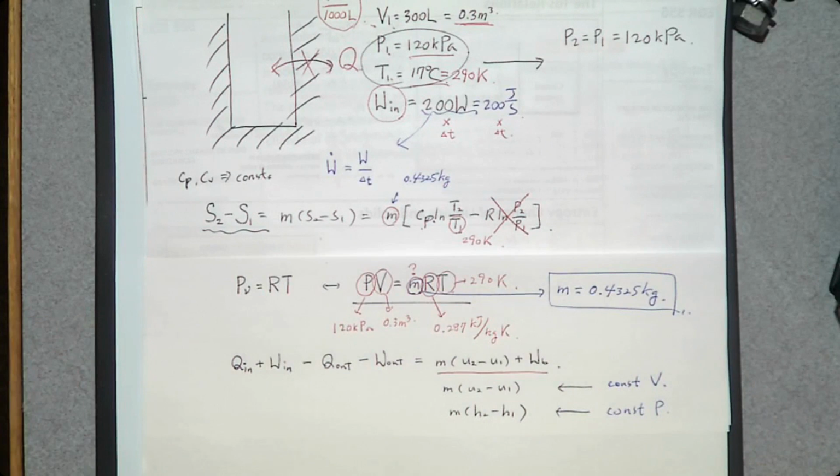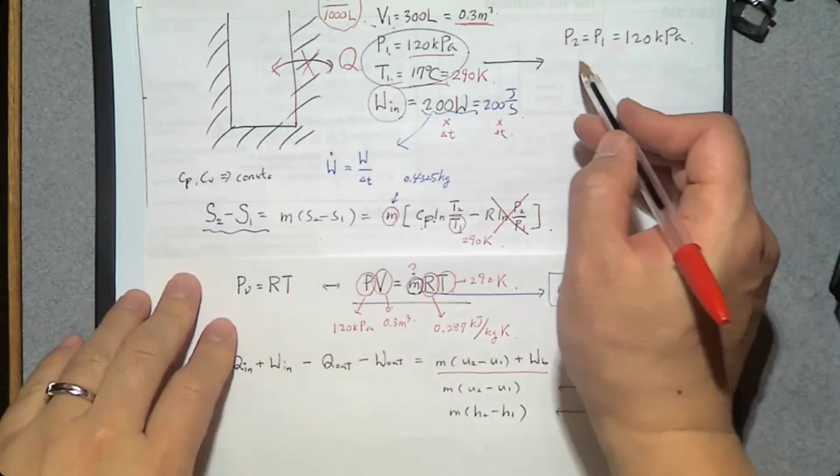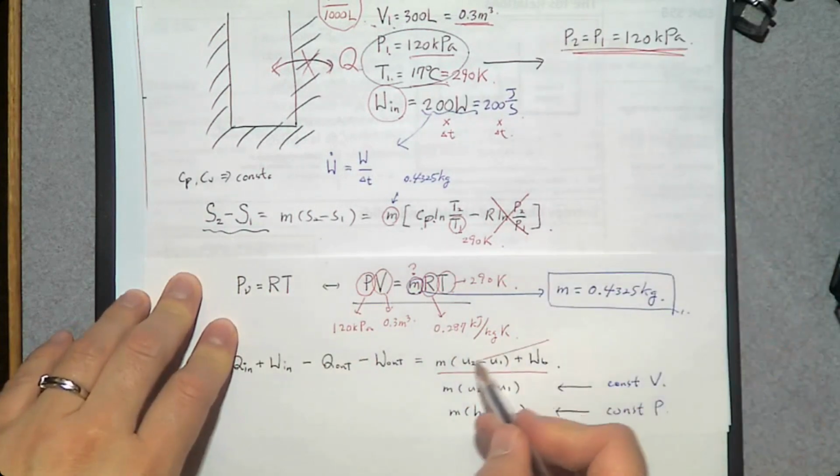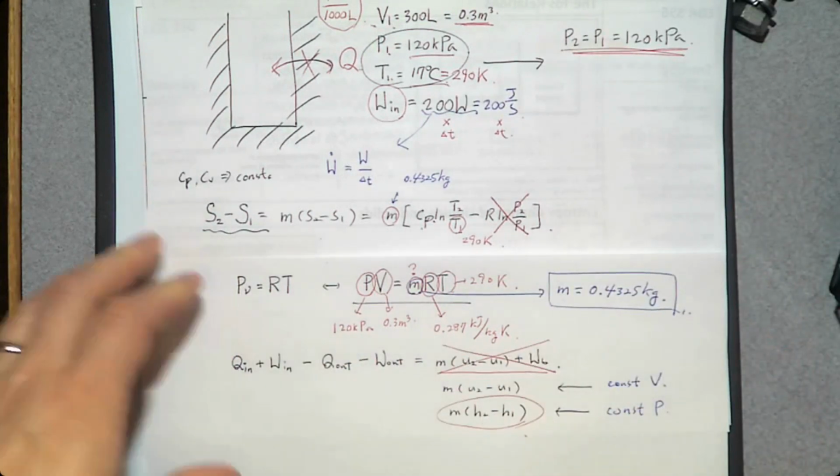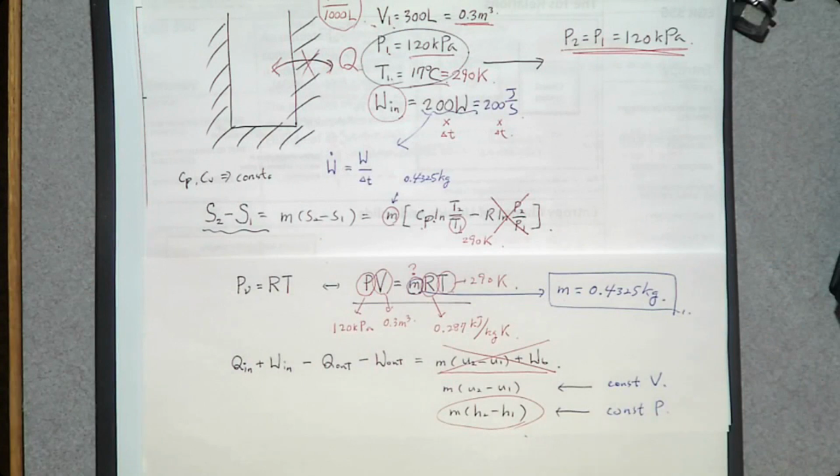And we know it is a constant pressure process. P1 is the same as P2. So we can use this one. Then how can we determine H2 minus H1? We can use specific heat.